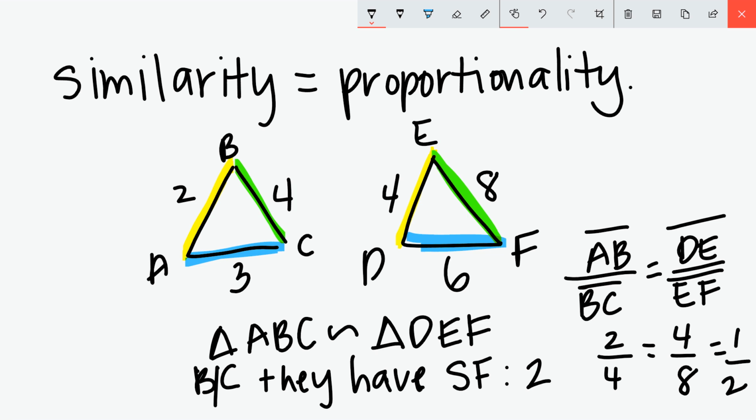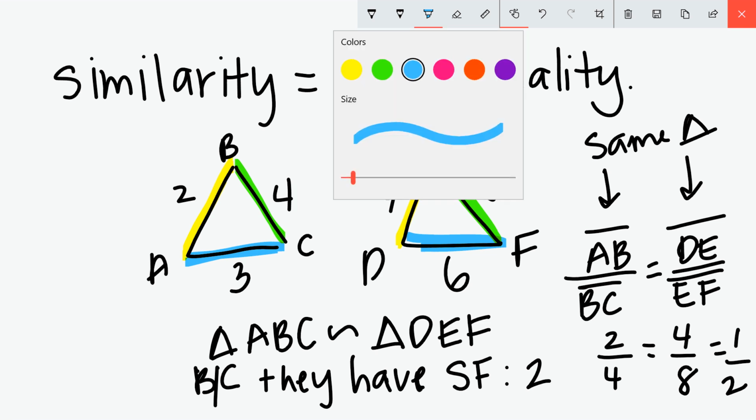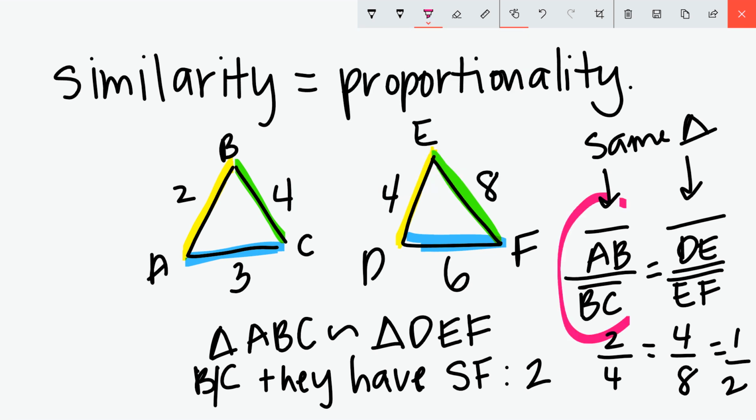Okay. And I set up this proportion by using the same triangle going up and down. So notice this fraction here is all from my first triangle, and this fraction here is all from my second triangle.